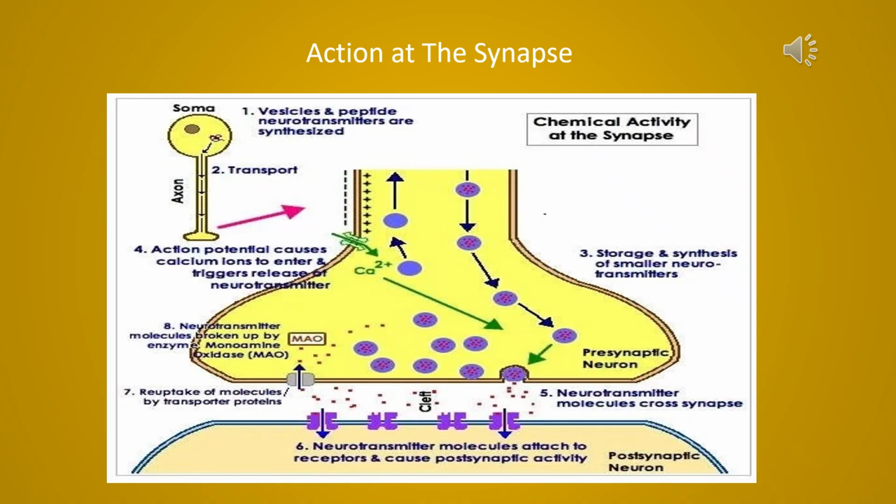Look those up if you will. The person who's on MAO inhibitor therapy, there are certain fish they can't eat. They can't drink red wine.